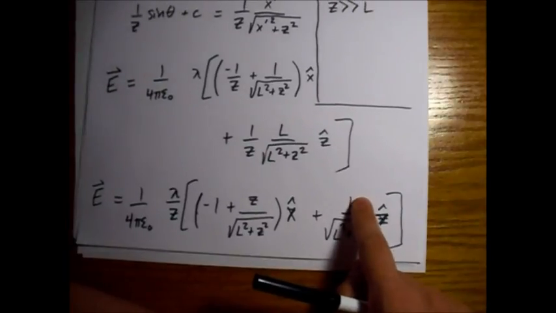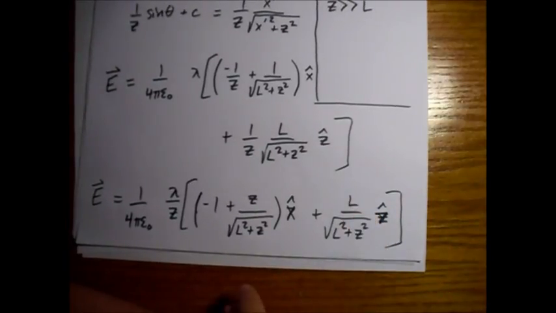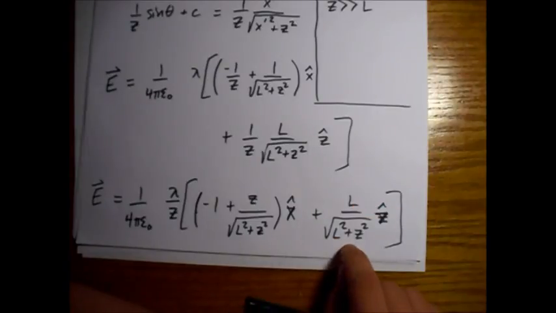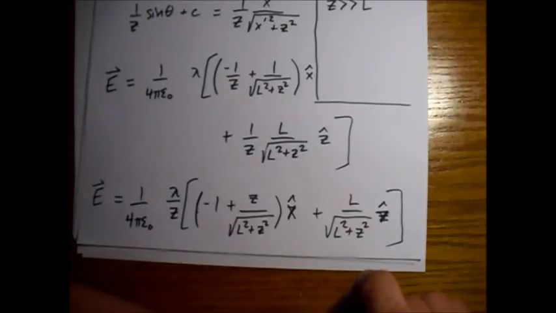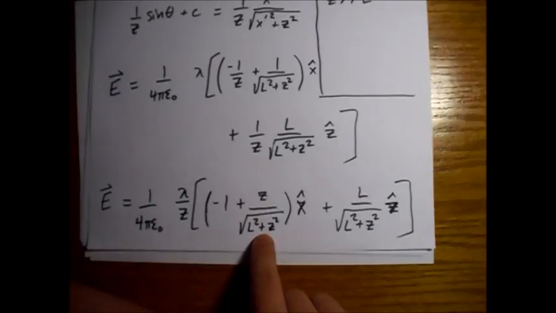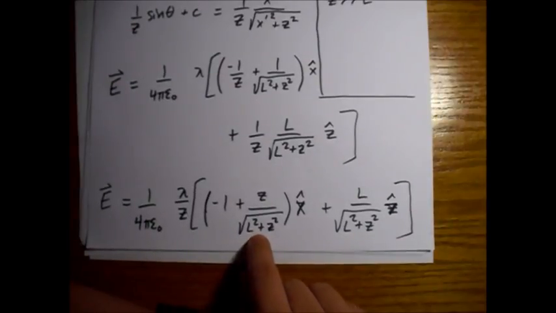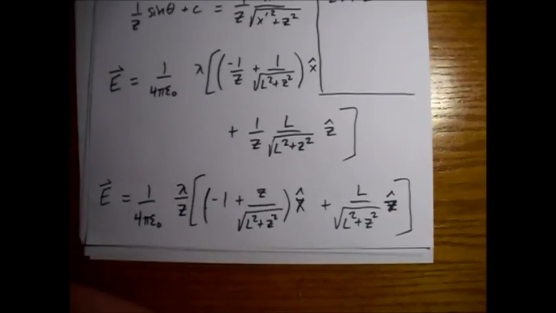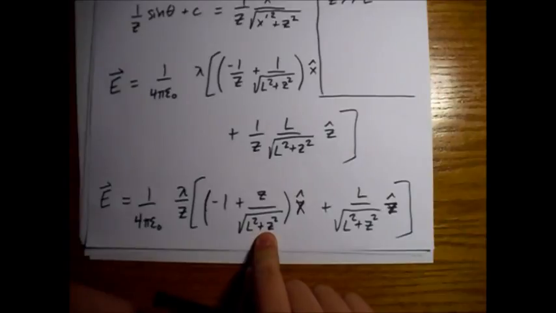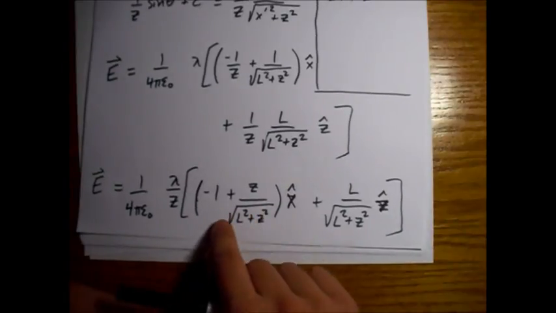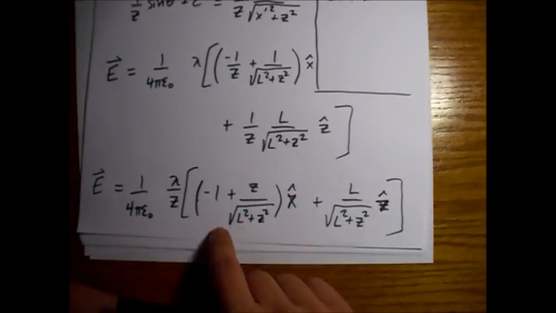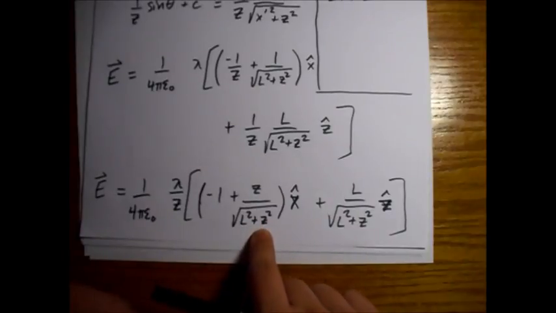This term has an L upstairs. Actually, yeah, so looking at this term, this is, I guess, the one that we're more concerned with. When z gets much bigger than L, downstairs, this will be basically the square root of z squared.